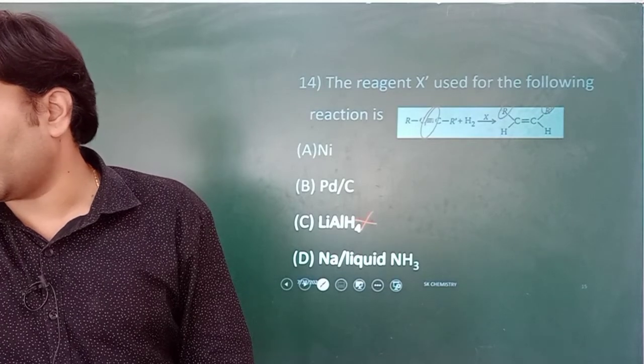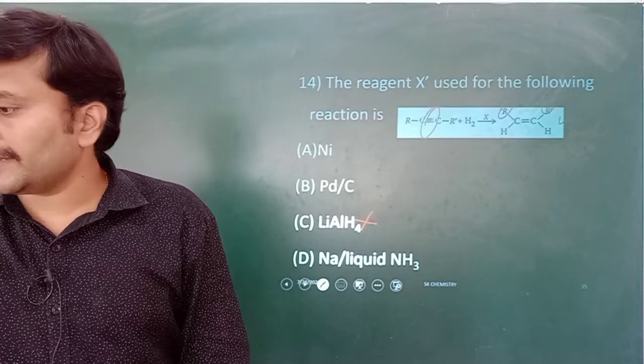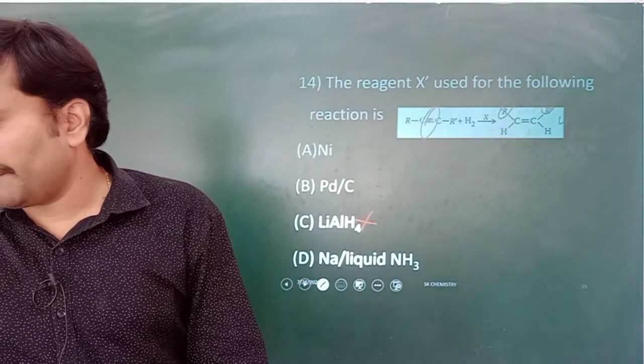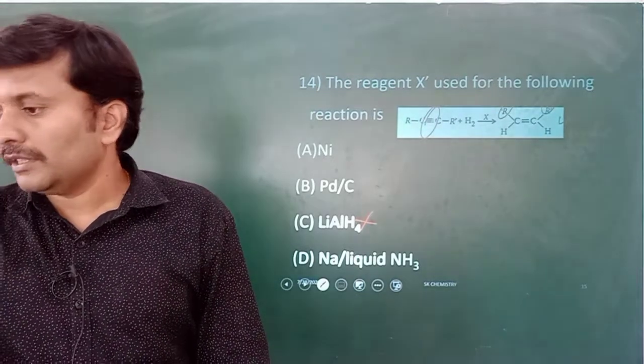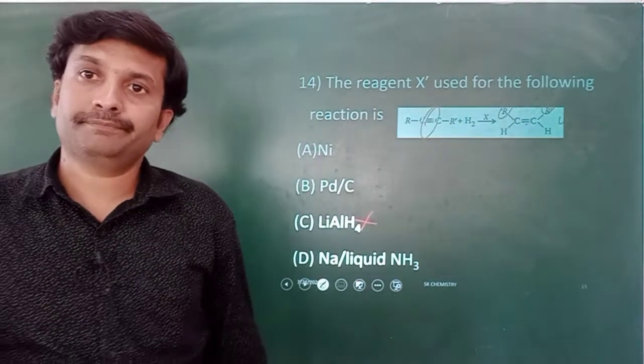Then you are going to get which product? This is the cis product, where the triple bond has become a double bond. Sir, if I use nickel, what will happen? This double bond will become a single bond.